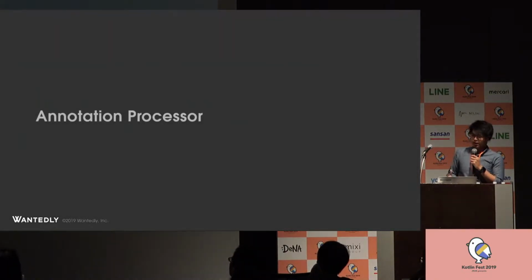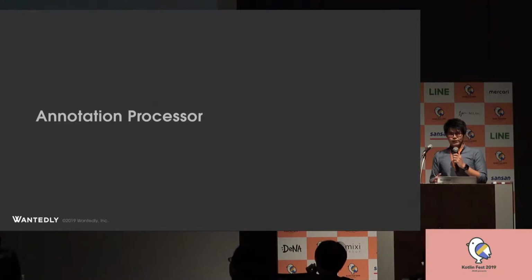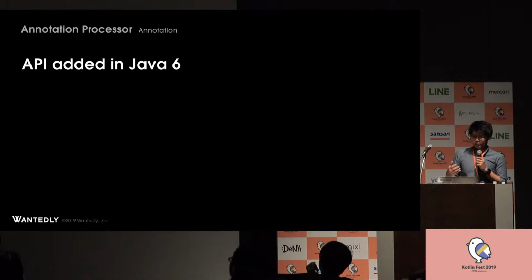In this talk today, I'm going to show how we can implement one of the most popular implementations of the generator pattern, using Annotation Processor to generate Kotlin source files. Annotation processing works by using the Annotation Processor API that is available since Java 6.